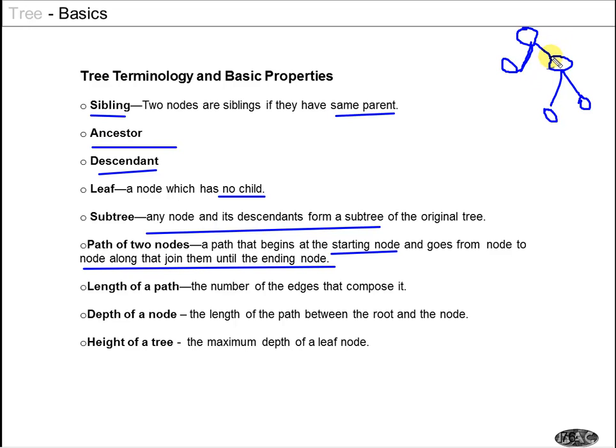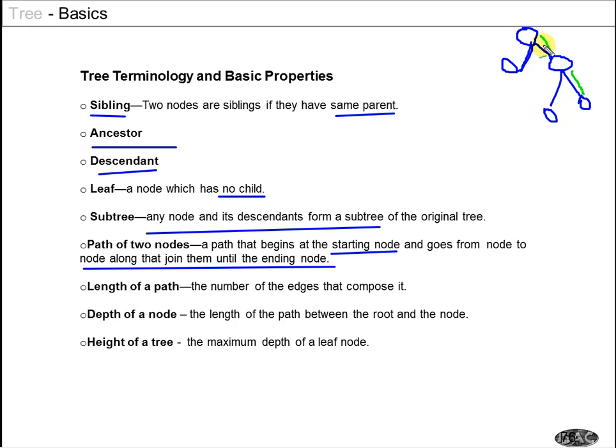Now the path from A to this is this one and this one. That is called the path of two nodes, this and this. Length of a path is the number of edges that compose it. 1 and 2. This is the length of the path.